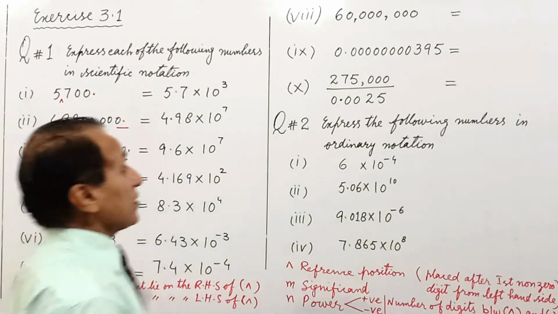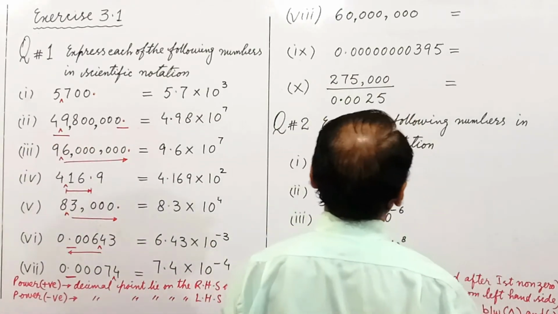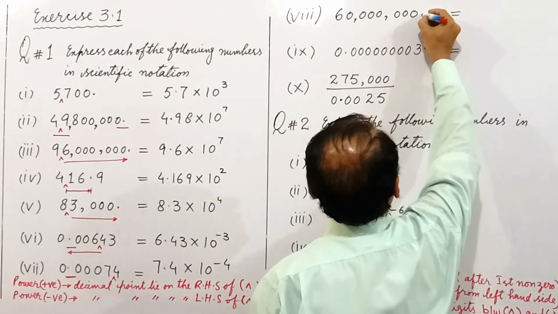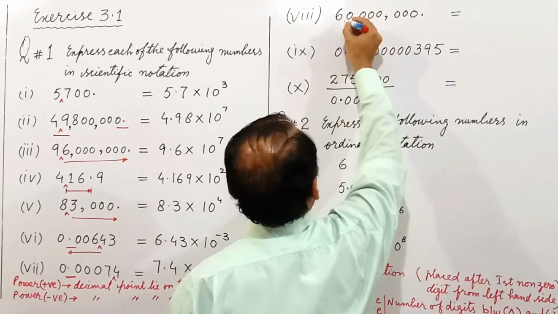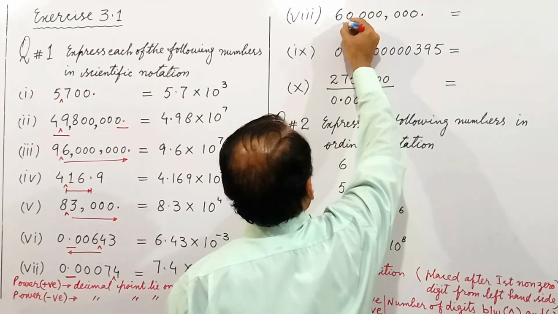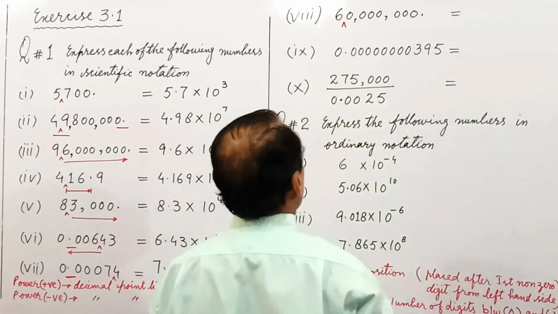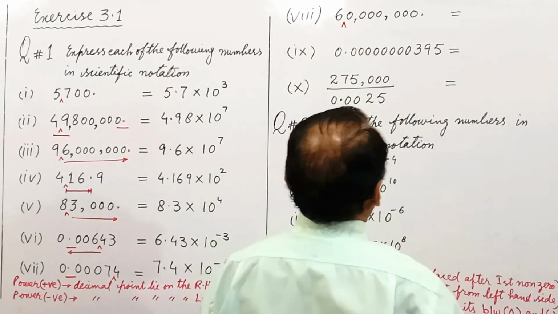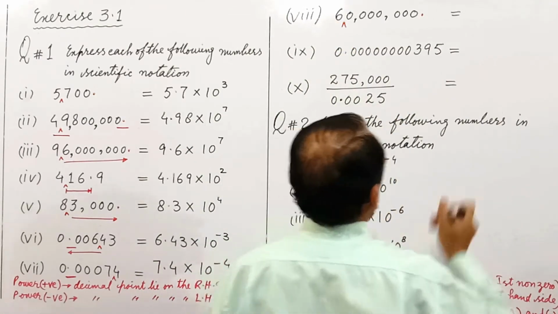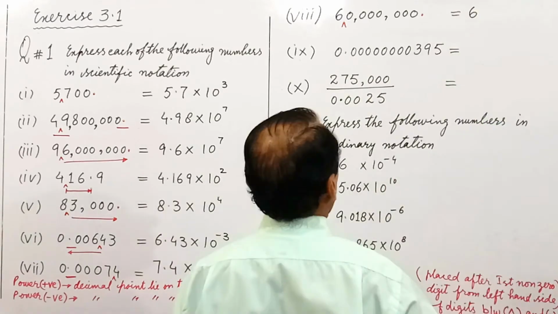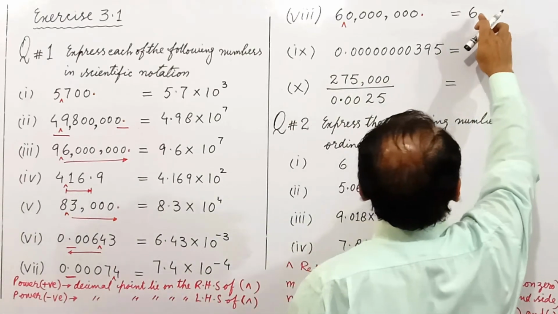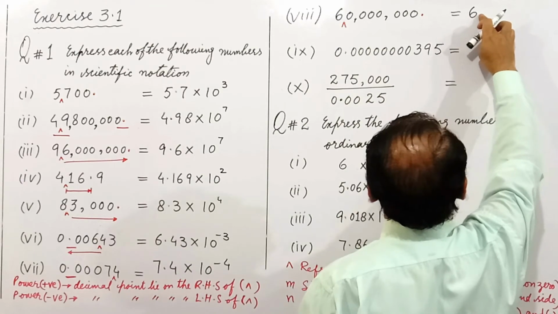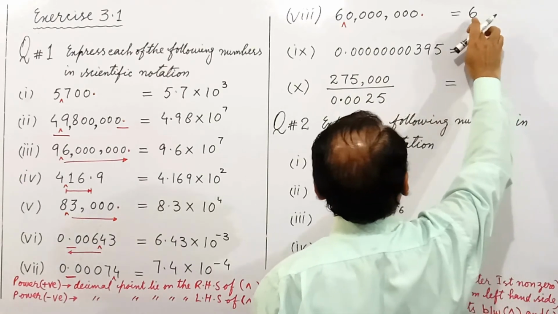Now we move to part number 8. Again we have the same kind of problem. The decimal point lies after the last digit, and we place the reference position after the first non-zero digit from the left hand side, which is 6. So the significand will be 6, because in the significand we do not write 0 after the decimal point, so we write only 6, the integral number.